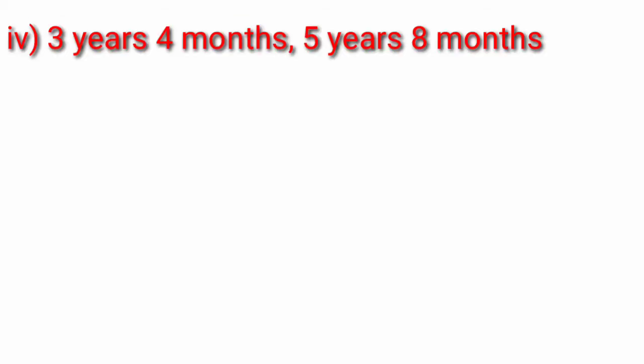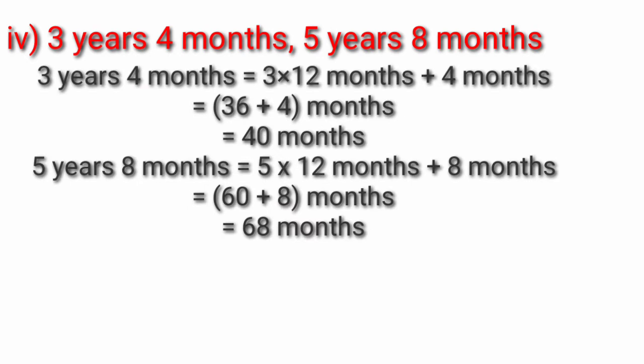Now fourth, 3 years 4 months, 5 years 8 months. Firstly, we will convert years into months. So 3 years 4 months is equal to 3 multiplied by 12 months plus 4 months, which is 36 plus 4 months, equal to 40 months. Next quantity, 5 years 8 months is equal to 5 multiplied by 12 months plus 8 months. 5 12s are 60, 60 plus 8 months is equal to 68 months.